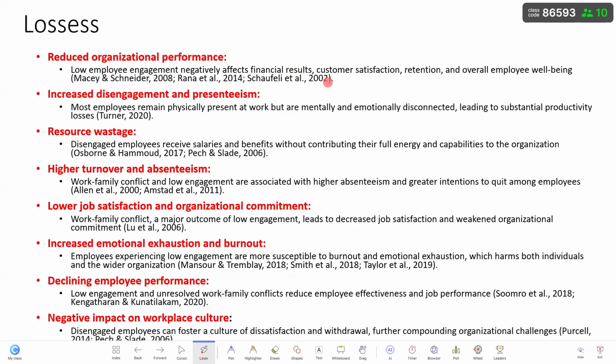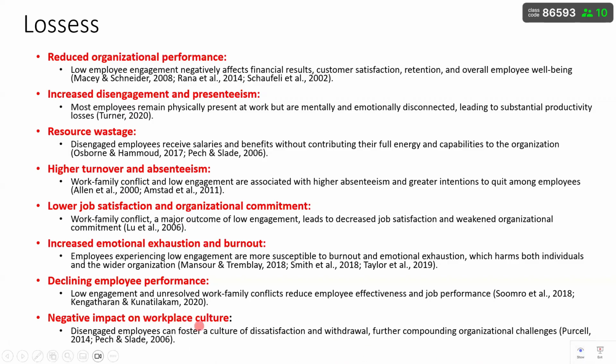Reduced organizational performance extracted from these articles, increased disengagement and absenteeism, resource wastage, high turnover, lower satisfaction and organizational commitment, emotional exhaustion and burnout, declining employee performance, negative impact on workplace culture.